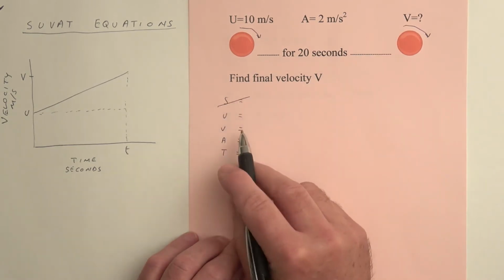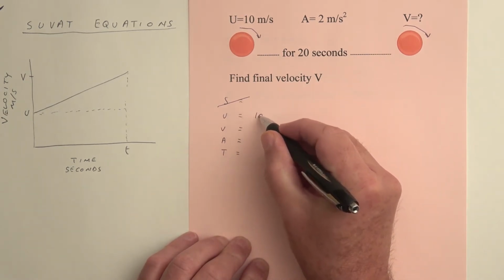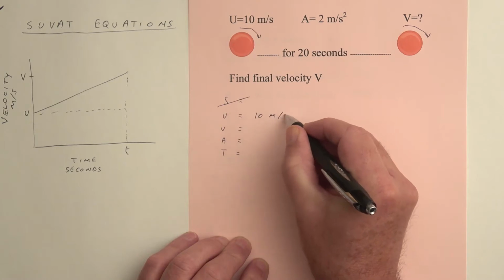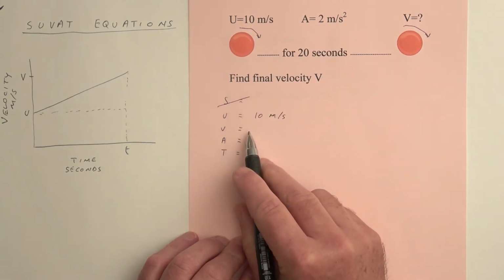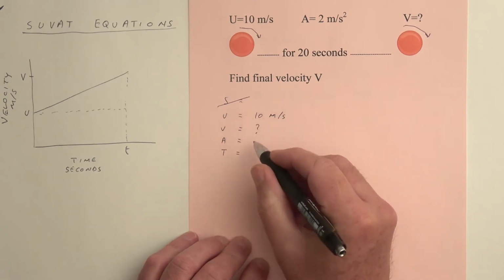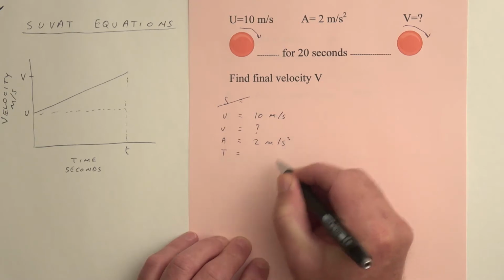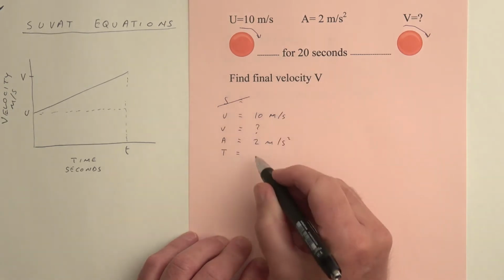That's the distance, which we don't know. Right, that's our starting point, initial velocity. We are looking for the final velocity, 2 meters per second squared for acceleration, and our time of 20 seconds.